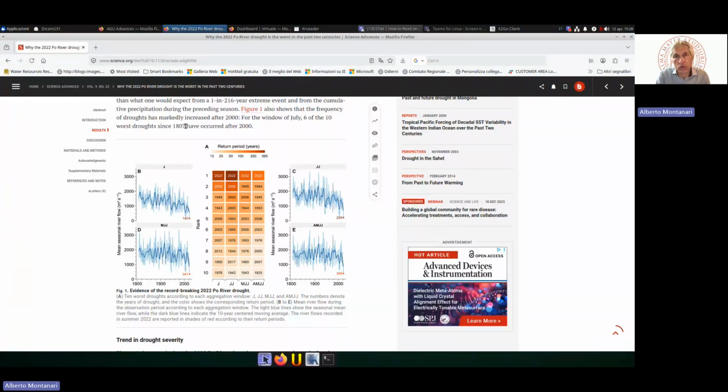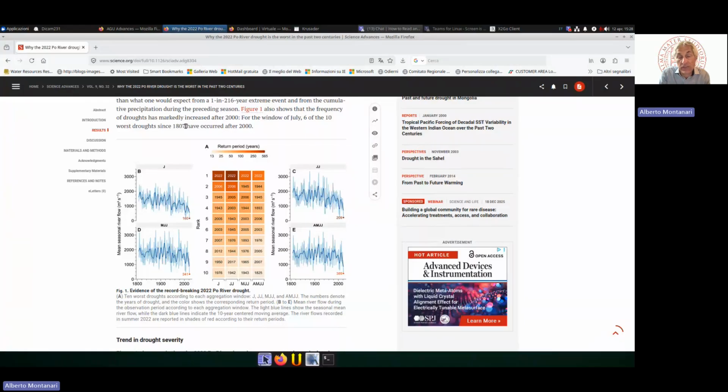What do the four figures say? They present the progress along time from 1807 to 2022 of the seasonal flows. So let's look at the upper left, July. You see that there is a decreasing trend in the observation period. Here with light blue, you see the monthly flow values.